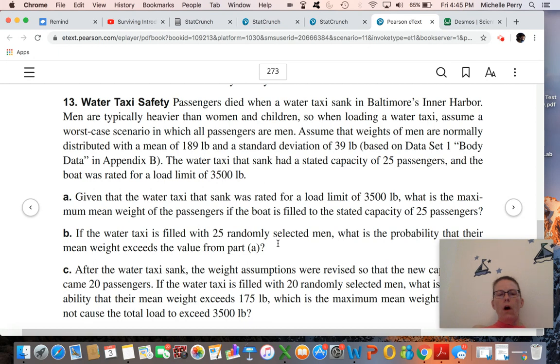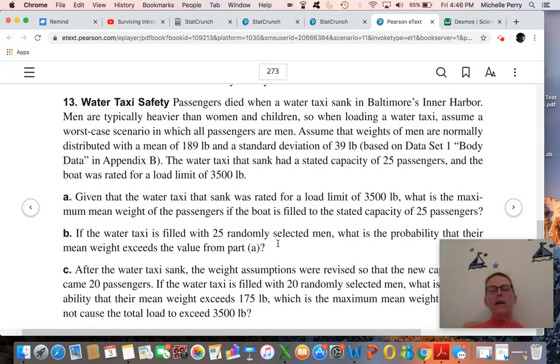So I want to know what's the maximum mean weight for that particular passenger. Well, we evenly distribute that 3,500 pounds over 25 passengers, because we don't know who the passengers are, we don't know what their weights are going to be. We have to operate under the assumption that the load limit is 3,500 pounds. We're going with the men.